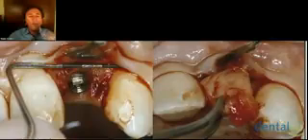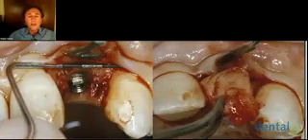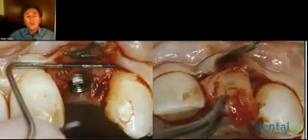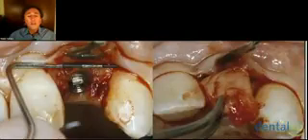And what did we do for this case that I started to present to you? In order to correct it, obviously we weren't going to take out the implant. We wanted to do something to really change the display of that implant within the aesthetic zone. So we grafted it. We took a large connective tissue graft from the tuberosity area and tried to thicken that tissue. So it's a combination solution.